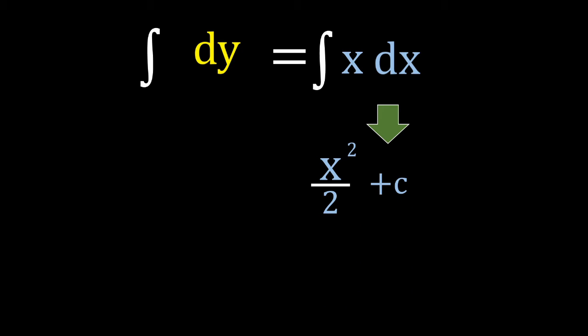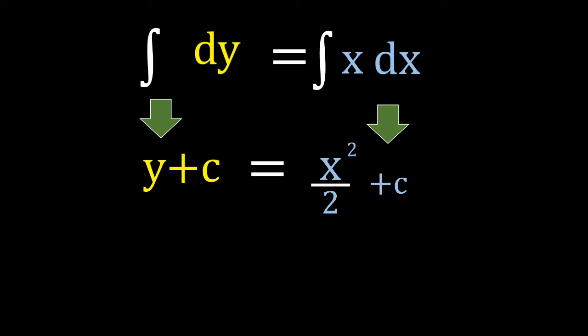But the left-hand side, well, that actually looks like something we've seen before too. It's just 1 multiplied by dy. We integrate that to get y. This approach feels much more intuitive and natural and explains where we get this dx from. Although, you've been told not to do that.